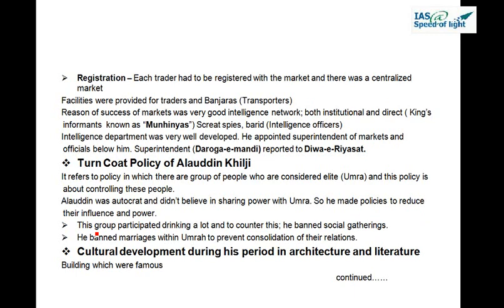As we have discussed, Alauddin appointed special officers known as Shehnai Mandi to look after the implementation of his policies, who were also assisted by intelligence officers. So we have informers known as Munihans, and secret spies known as Buddies.